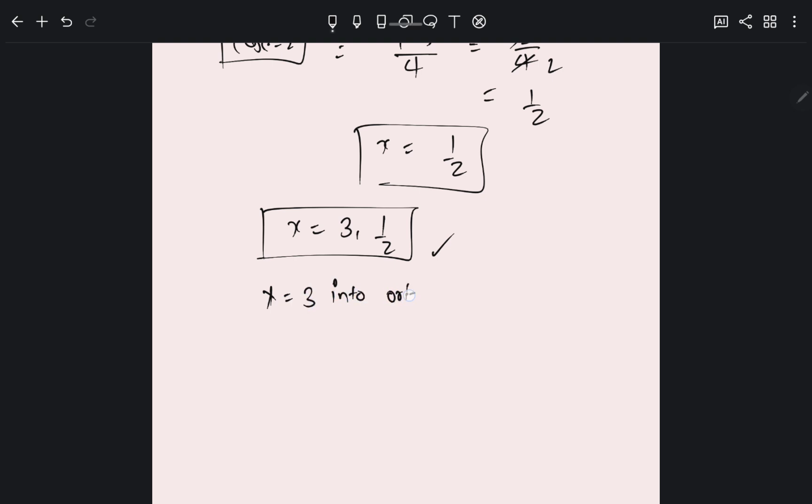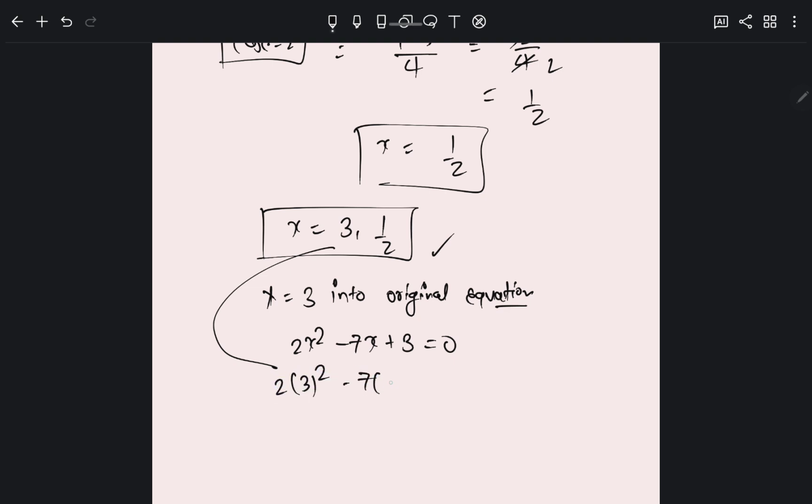What was our original equation? That is 2x square minus 7x plus 3 equals 0. So put the value x equals 3 in place of x. So 6, 12, what is minus 3?